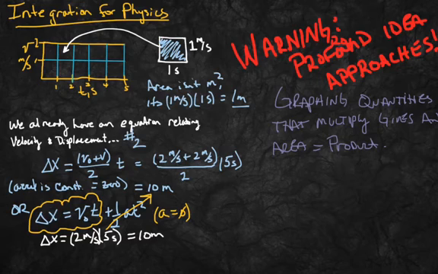Graphing quantities that multiply gives an area, and that area under the curve equals the product of the quantities that you're multiplying. That's the profound idea. Multiplication gives a product. Thank you. It also, in analytic geometry, implies an area, and that is the truly profound idea here.